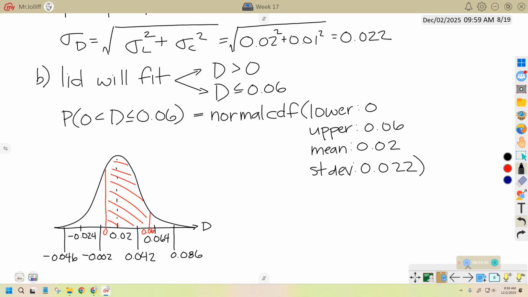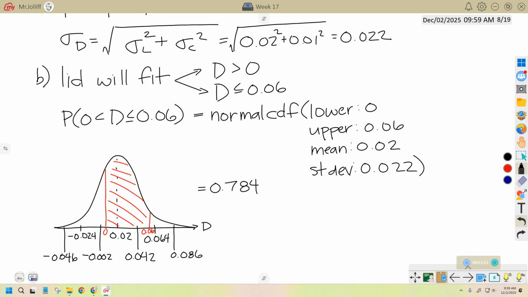And I did it. I got 0.784 rounded. Did anybody else get 784? I see you nodding. Thank you. Which is funny because I think we got that for an example yesterday too. Yeah. Completely unrelated.